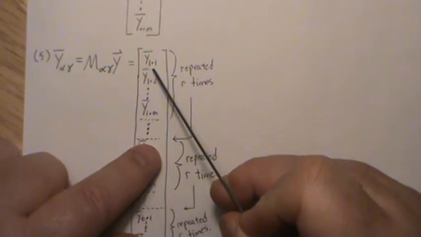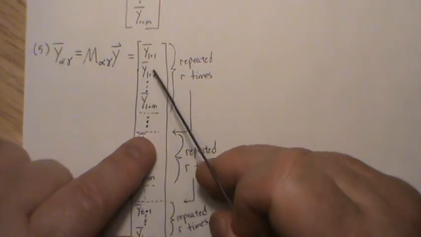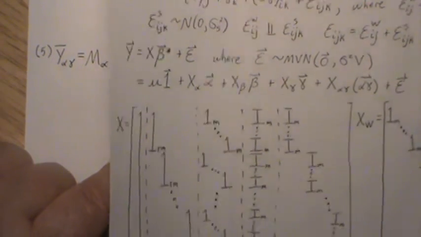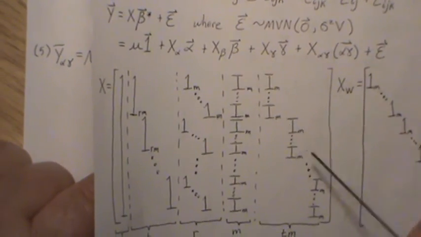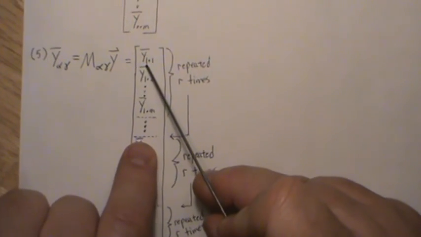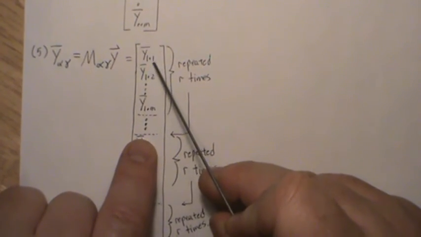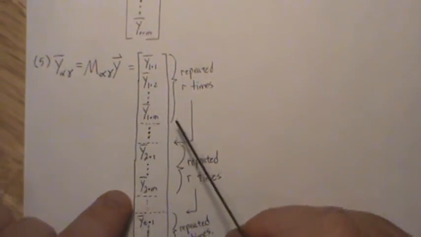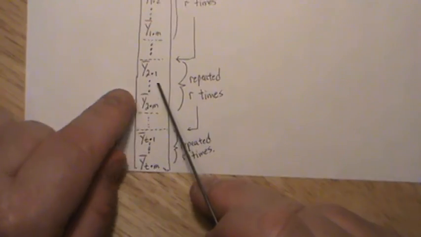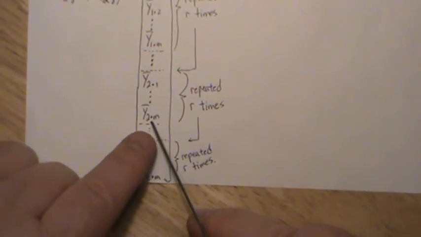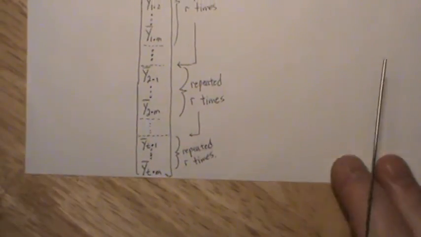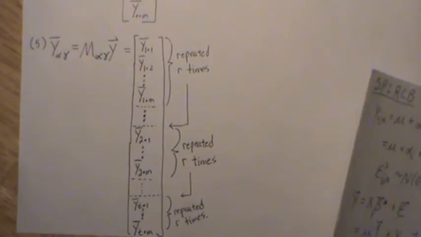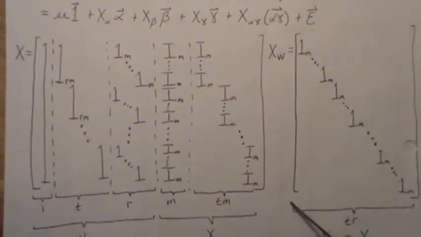So we get repeats, and anyway, that's what we get here. So the mean for 1,1, 1,2, up to 1,m, and then that repeats r times, and then it goes to y21, y22, up to y dot m. Anyway, it's repeated that many times because it has to be in the same structure as this.